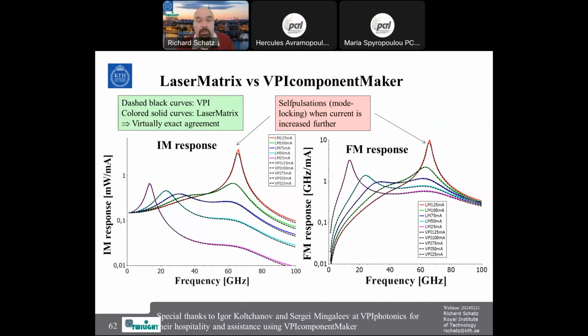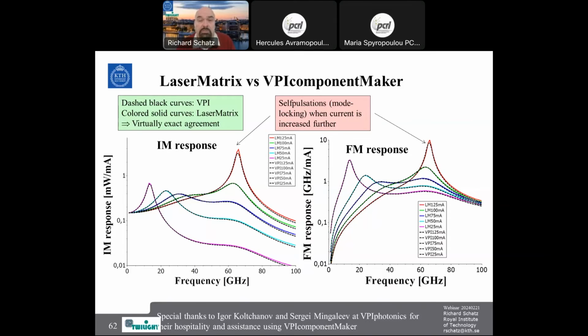Here you see you get perfect agreement between the colored curves and the dashed VPI curves. So the result will be the same in VPI and LaserMatrix. And these comparisons were done, in fact, together with VPI at VPI premises in Berlin.